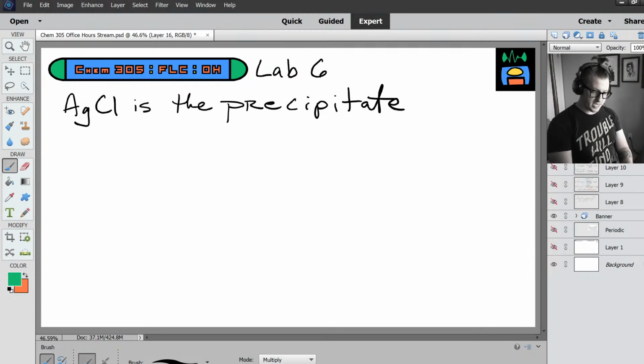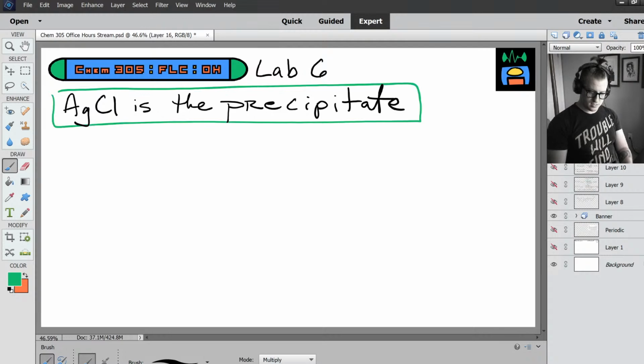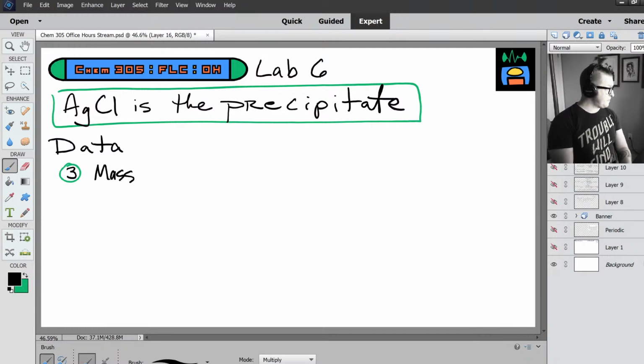So to find your mass, in the data section, we have 3, which is the mass of filter paper.